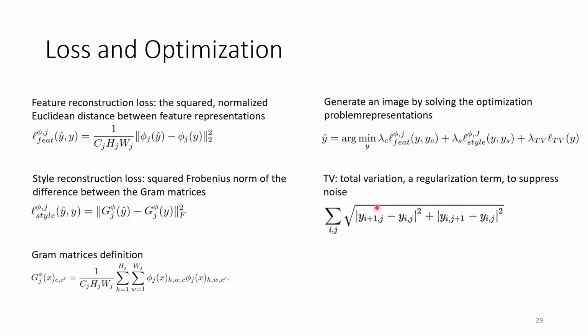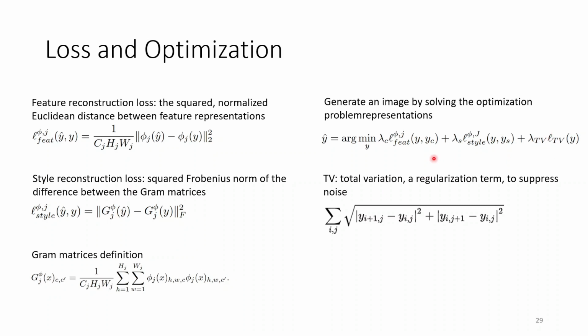You can imagine for what kind of image the total variation term will be very large: an image with a lot of Gaussian noise. If every pixel is a random value, then the difference between one pixel and its surrounding pixels will be very large. So the total variation value will be very large.